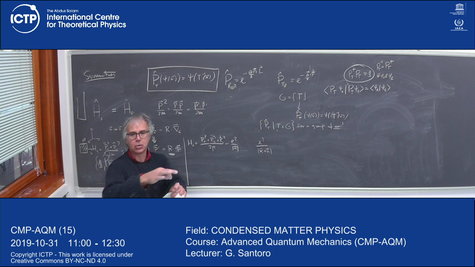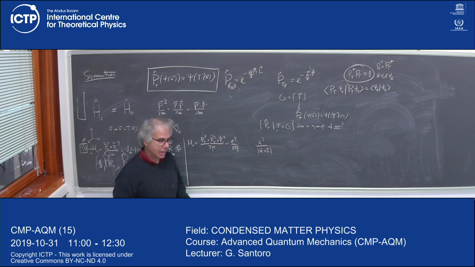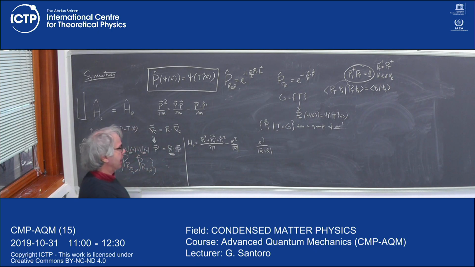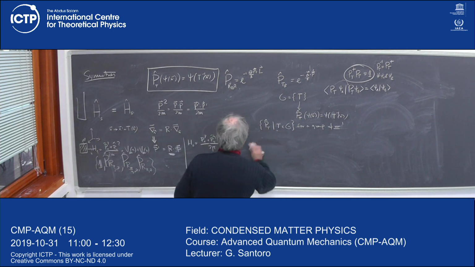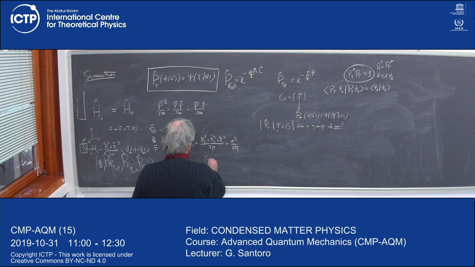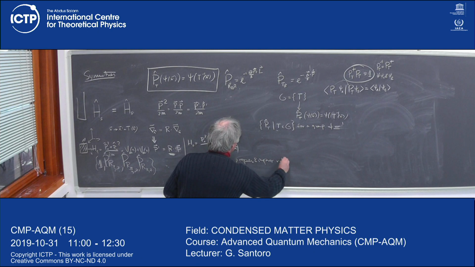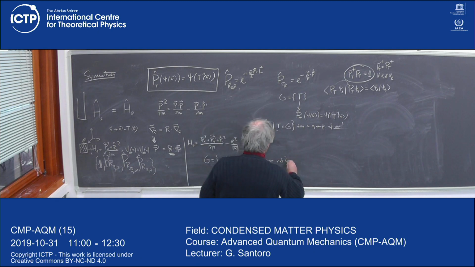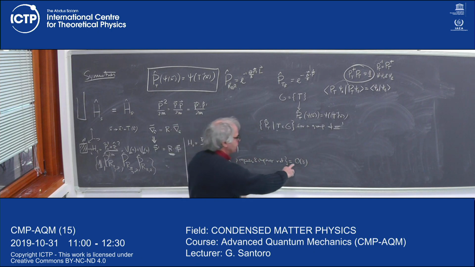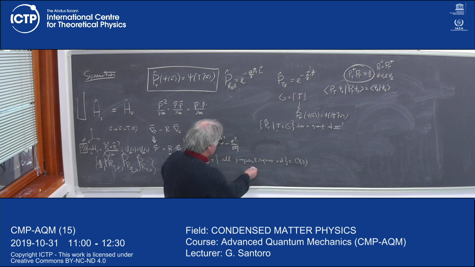The origin is the nucleus, and translations are implicitly broken. Okay? So the group of symmetry of this Hamiltonian would be all proper and improper rotations in 3 dimensions. This object is called O3, not SO3. S is the special, so only the proper.